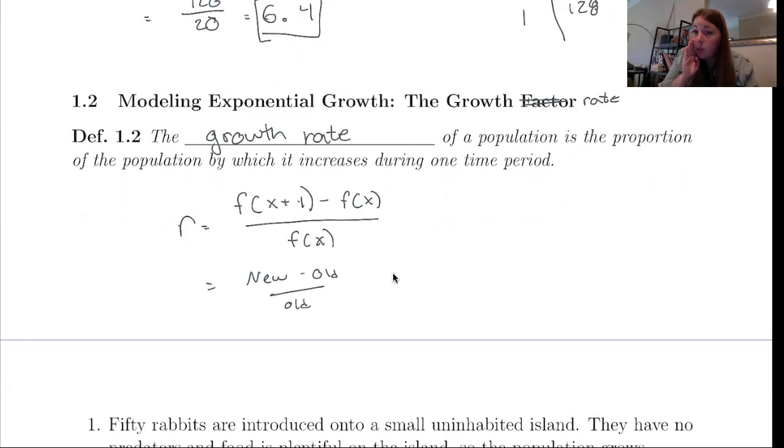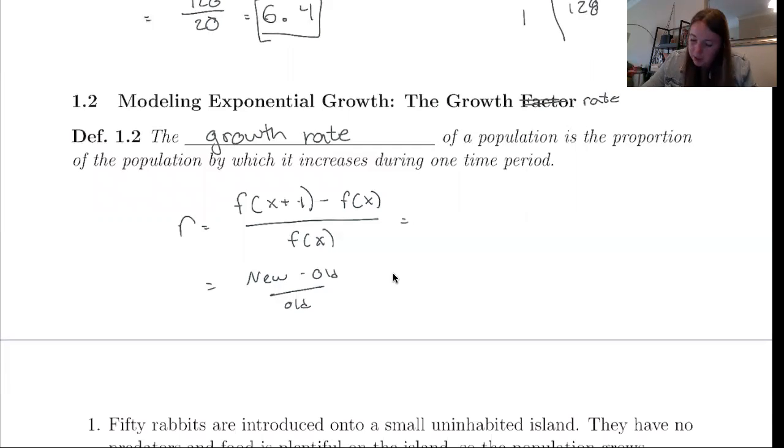This is called percent change. If you want to know, I think this is used in chemistry, like the percent change, new minus old over old. They also use this on Biggest Loser. My new amount minus my old amount divided by my old amount will give me my percent that I grew over that time period. Okay? Compared to what I started with.